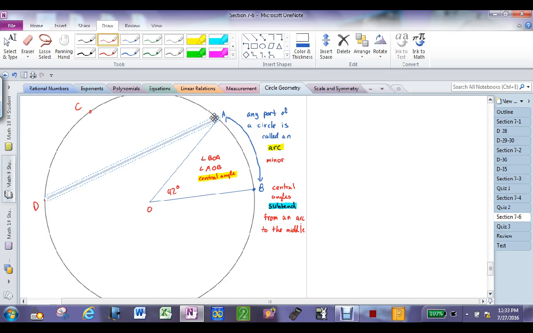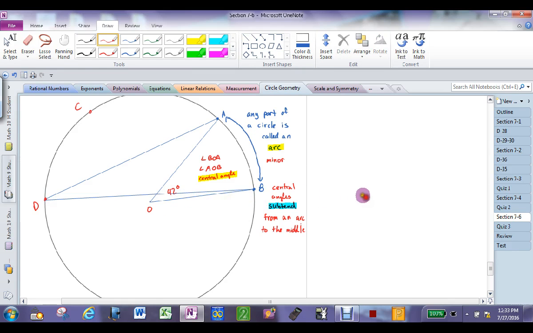Now draw BD. You just connect B and D, through the circle.